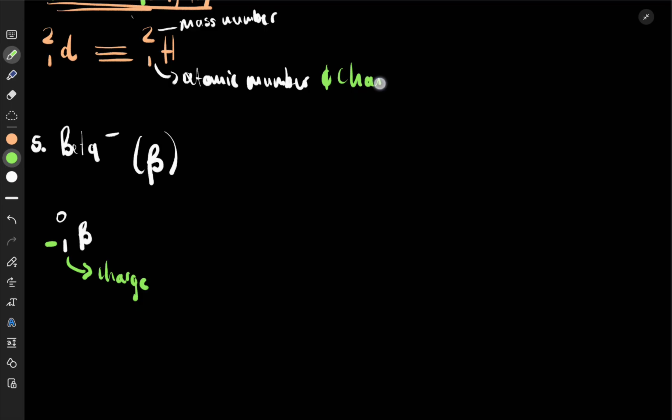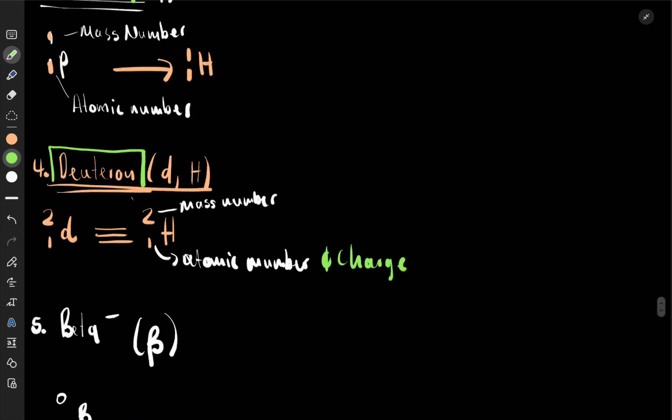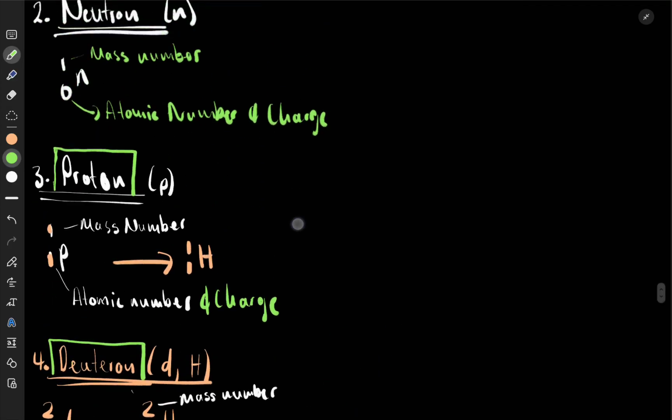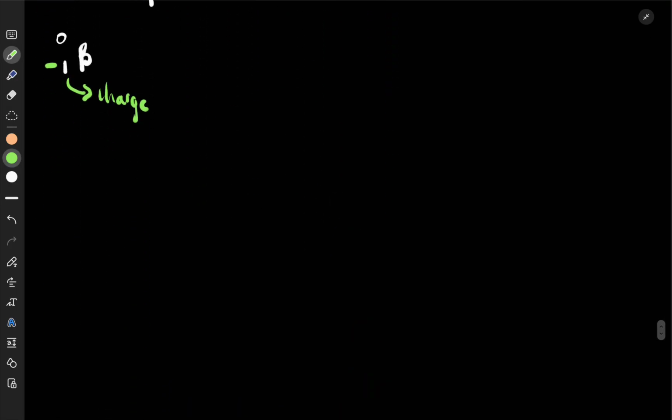Here, and charge. This is also the charge. Don't forget that. But for this beta, it is only the charge now. Atomic number is out. So we know that it has no protons. It is just having a charge of -1 because it is like an electron.